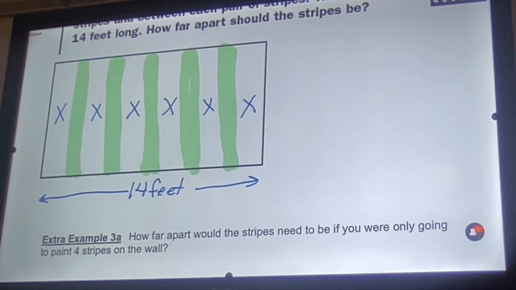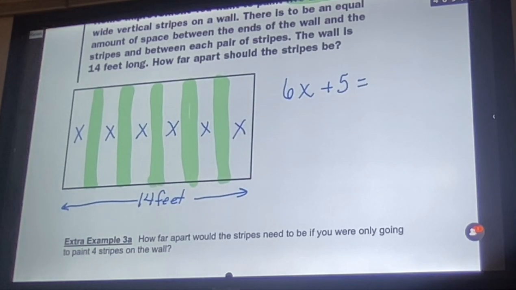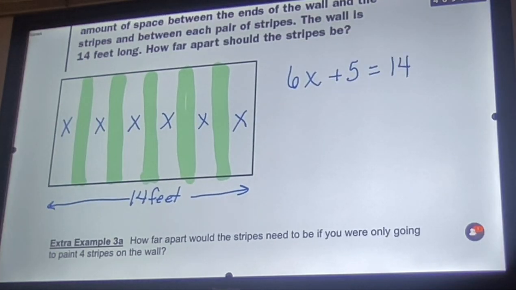So Reese, if you now look at the diagram, how many X's do you see? 6. So I'm going to write 6 because there are 6 X's, 6X. How many stripes did you say they were, Reese? 5. And Reese, how long is our wall? 14 feet.